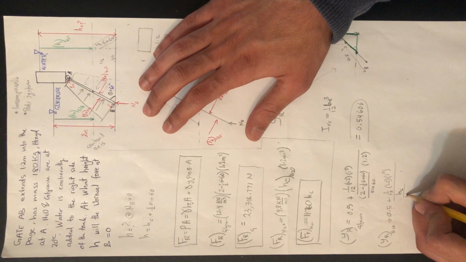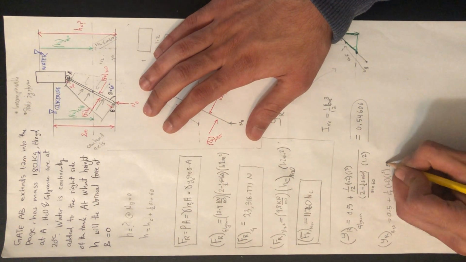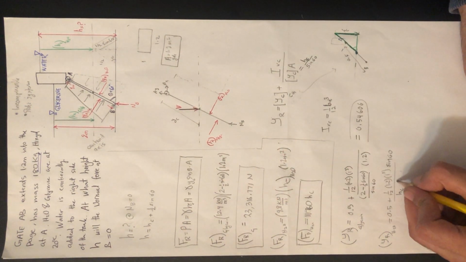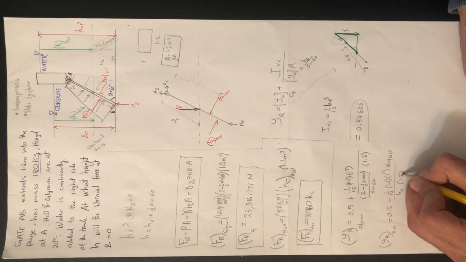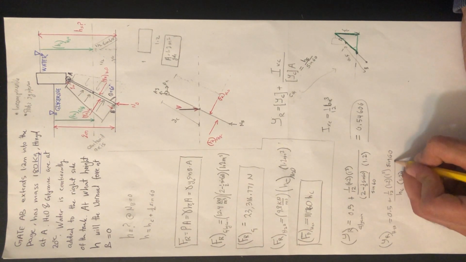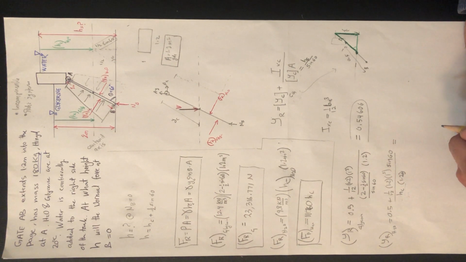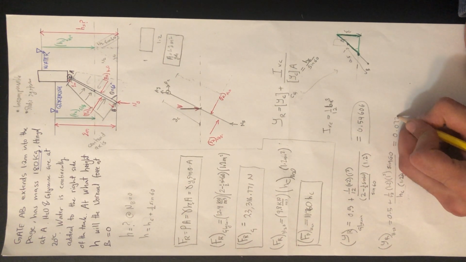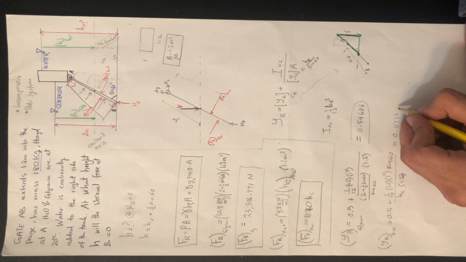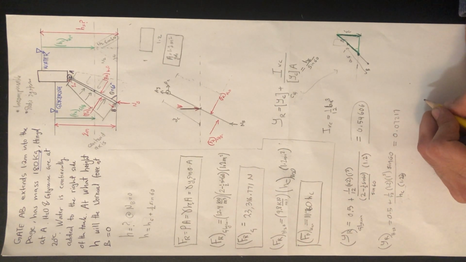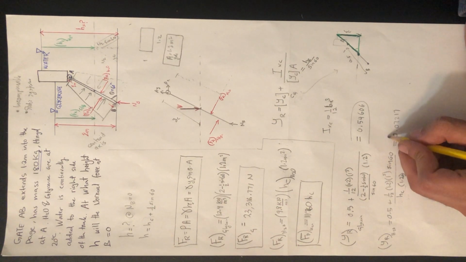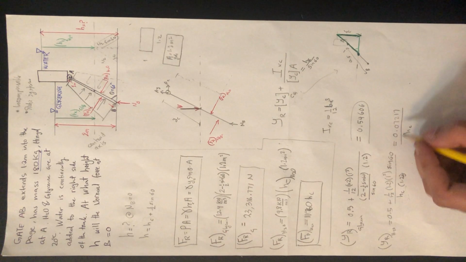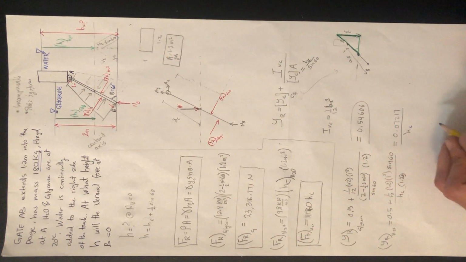HC over sine 60 times the area, 1.2 meters squared. And this value comes out to, this is also a very important value. Those two are our perpendicular distances.